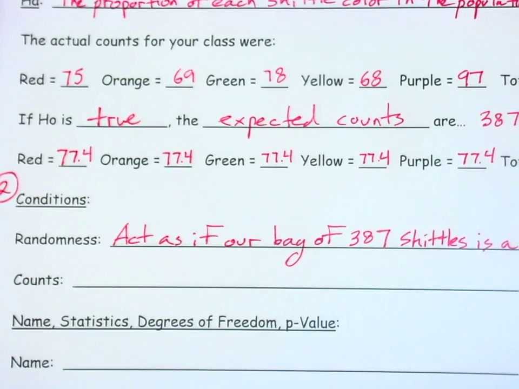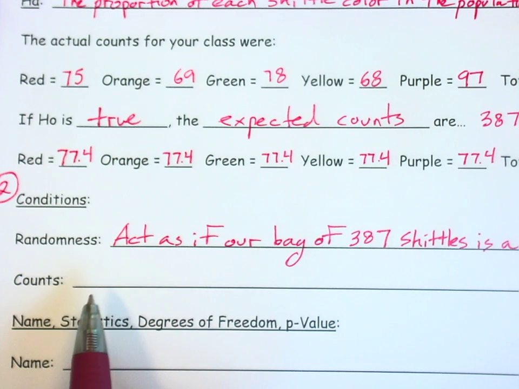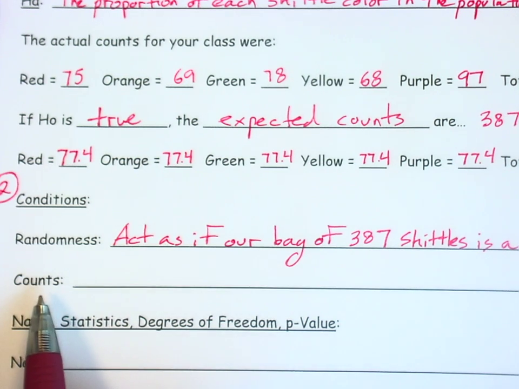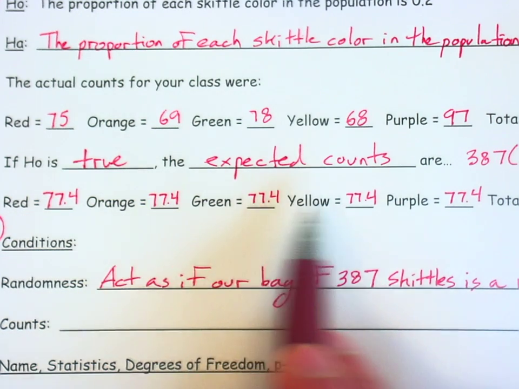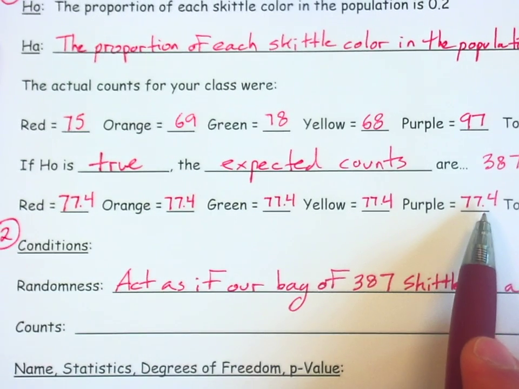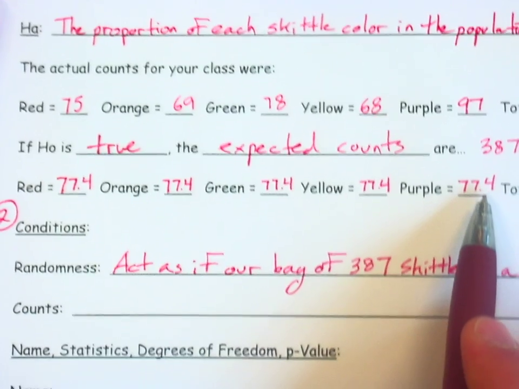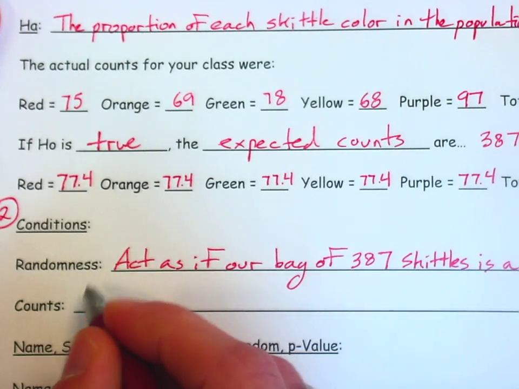The next thing to look at then is the counts. Understand, when I say the counts, what we're really looking at are the expected counts. Is our sample size big enough so that all of the expected counts are 5 or more? Really, we're interested in comparing the expected counts to a boundary. What we typically do is compare to 5.